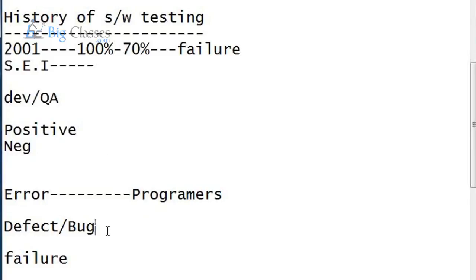The next one, defect or bug. After completion of development comes testing, right? In the testing phase, we testing engineers have to compare the expected value and the actual value.